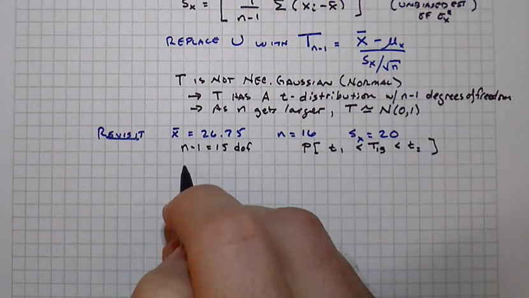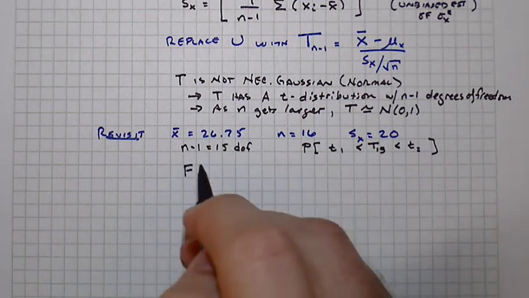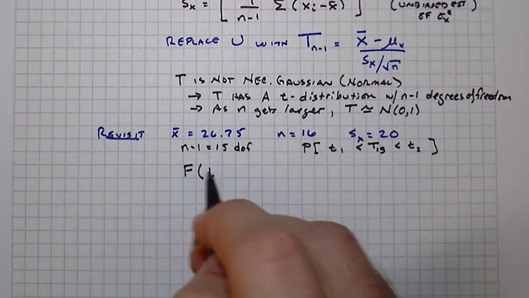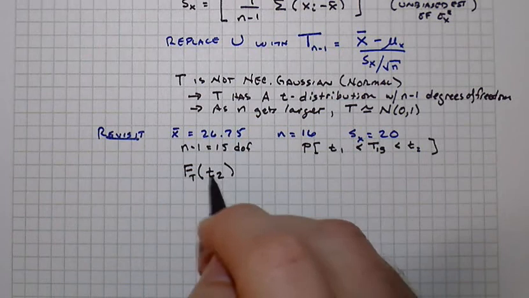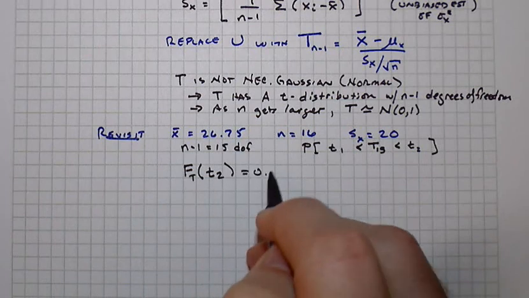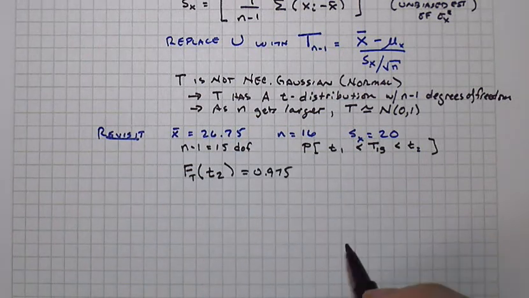And so when we go to look up these values here, this cumulative for T2 is going to be 0.975, right? We're doing this two-sided 95% approach.